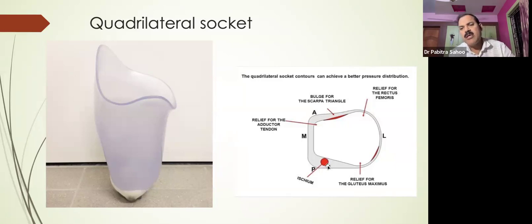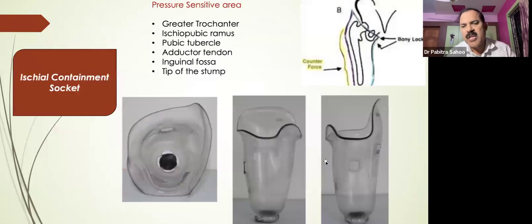This is why the anterior posterior diameter is normally less than the mediolateral diameter. There is the rectus femoris clearance, the ischial seat, and the gluteal fold clearance. Basically these are the weight bearing sites in the case of the quadrilateral socket. But if you look at the most advanced form, it is the ischial containment socket.